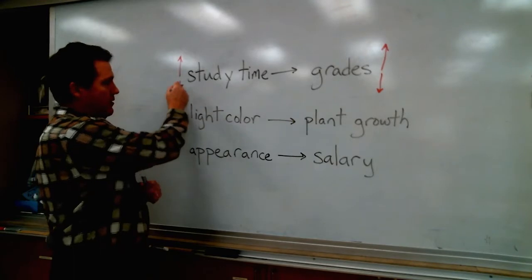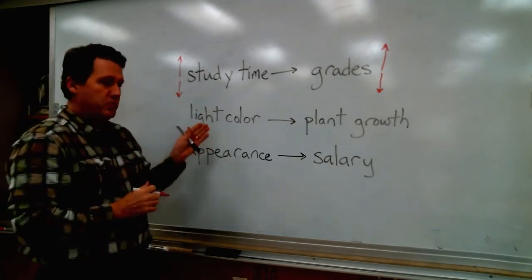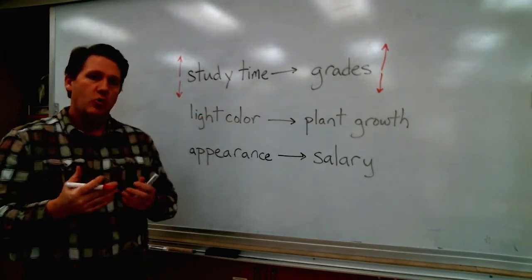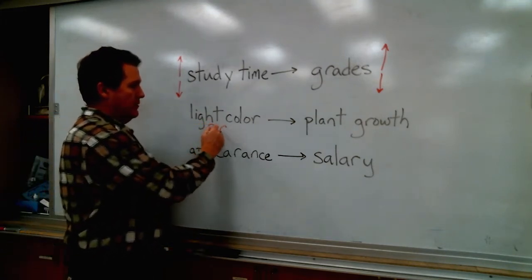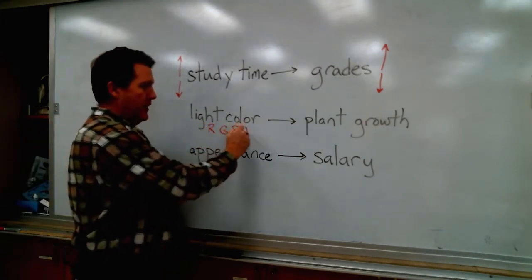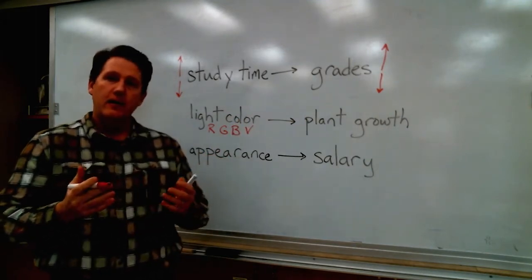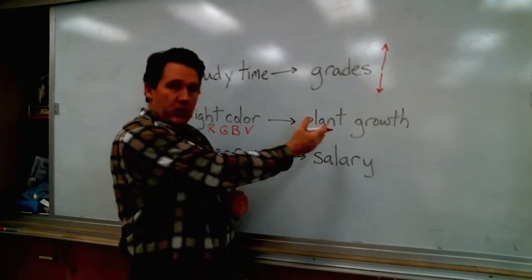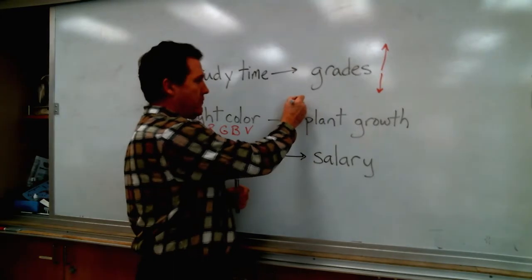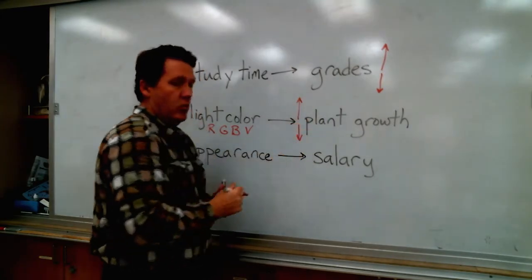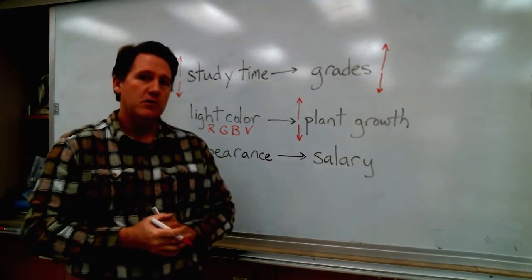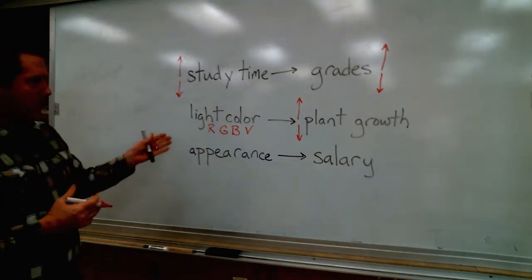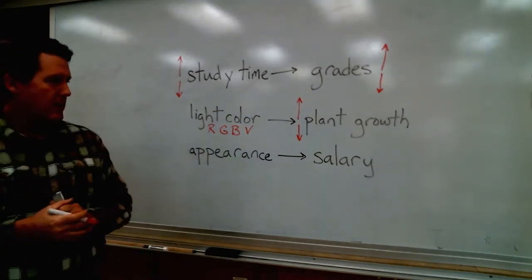There's not a matter of up and down. This would be one of those qualitative variables. We might test red light, green light, blue light, violet light, any color of light, and see if plant growth varies. Plant growth can vary by growing more or less. We might even look at how green the leaves are as a result. So those are a couple that we can take a look at.